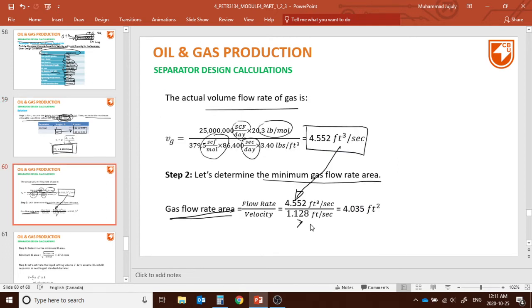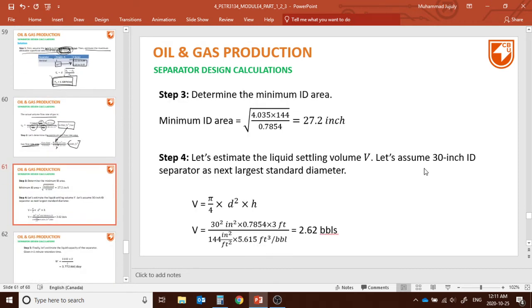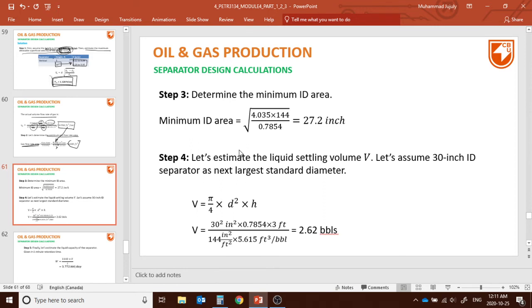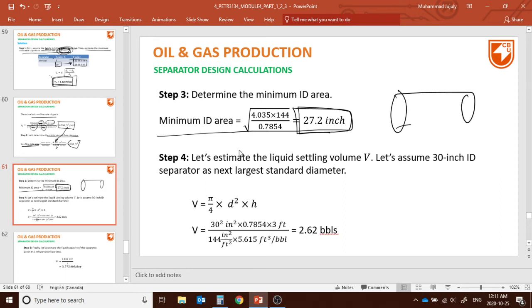So we calculate the area of the gas flow. Now when we know the area, we can determine the minimum ID. That means we have calculated the minimum ID, it's slightly more than 2 feet. That means now we have calculated the internal diameter is about 2 feet.